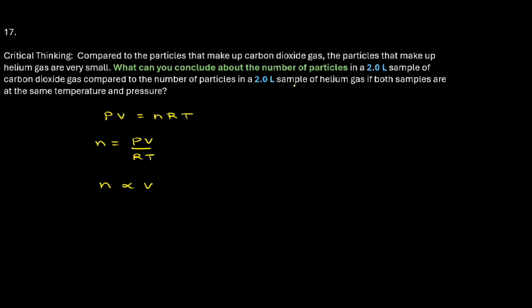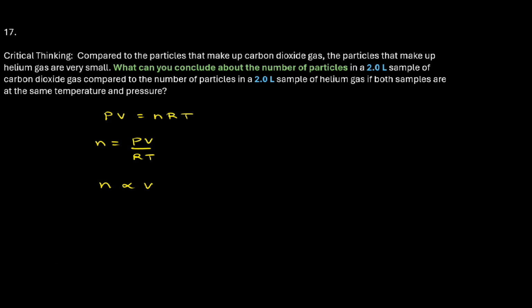So since the volume is the same, the number of particles also has to be the same. So the number of particles in a 2-liter sample of helium gas has to be equal to the number of particles in a 2-liter sample of carbon dioxide gas, even if helium particles are much smaller compared to carbon dioxide.